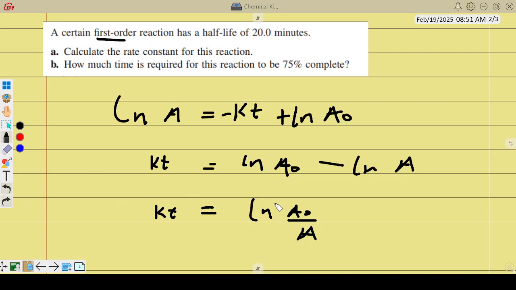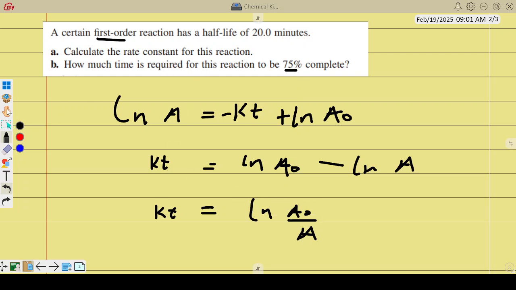So now what do we have to take note of? This 75% which has been given. How much time is required?